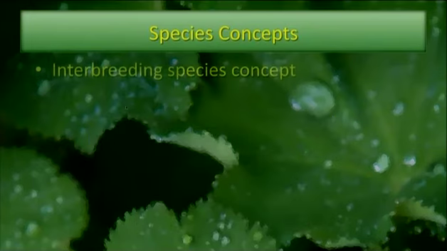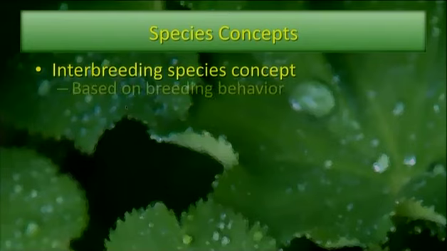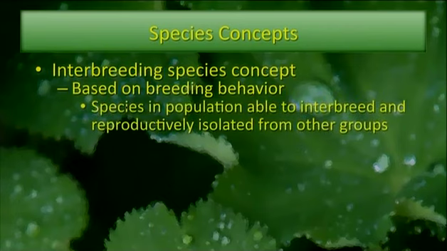Now the interbreeding species concept is one that many textbooks focus on. It's based on breeding behavior, what breeds with what. A species in a population is able to interbreed and is reproductively isolated from other groups. The thing about that is that plants have different degrees of crossability, and it's hard to predict which groups can cross in nature.